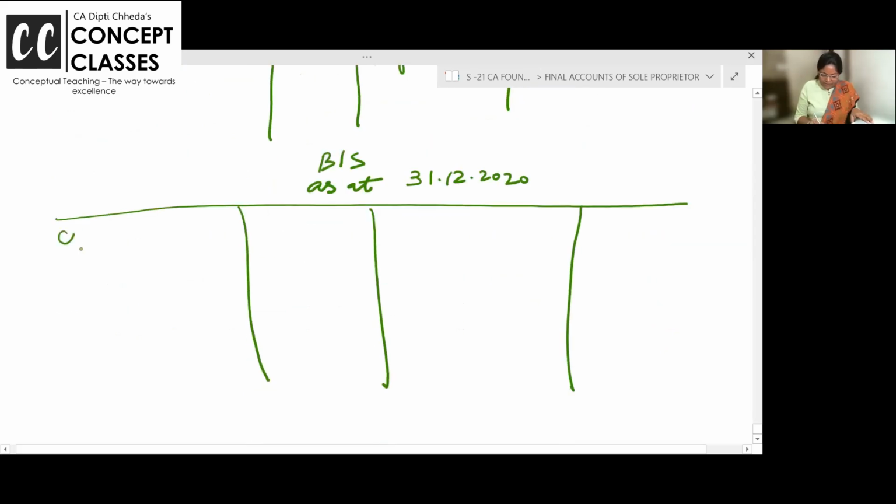Yes. And opening capital. In the closing balance sheet, we always write opening capital in the inner column. 50 lakhs. You have to charge interest on capital.